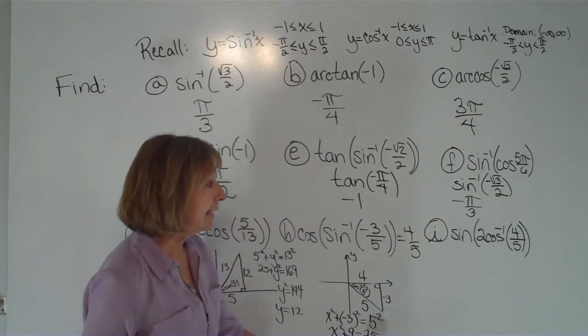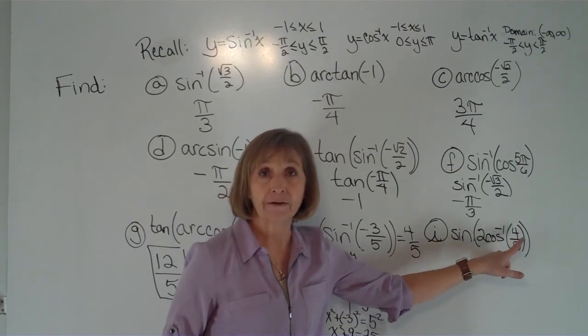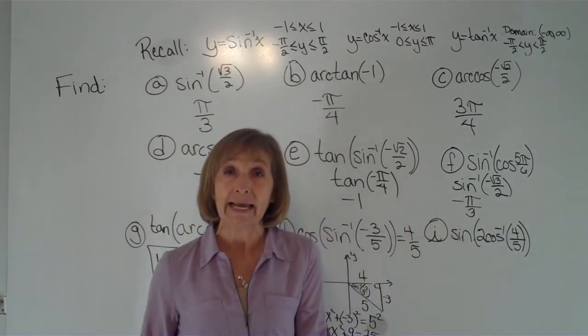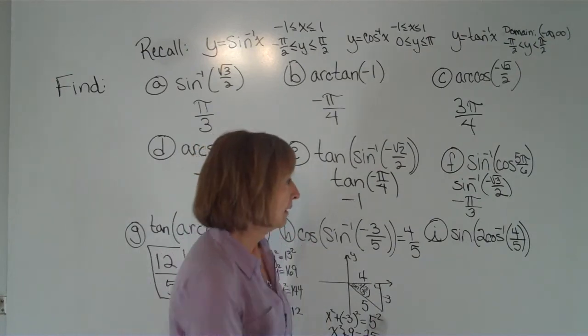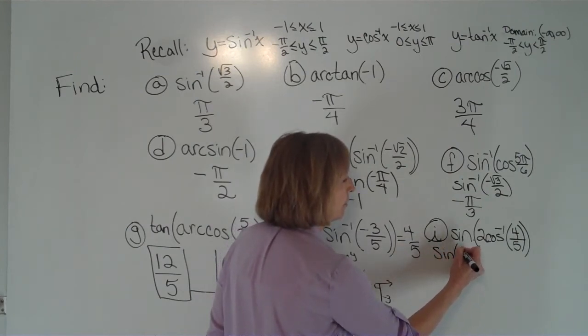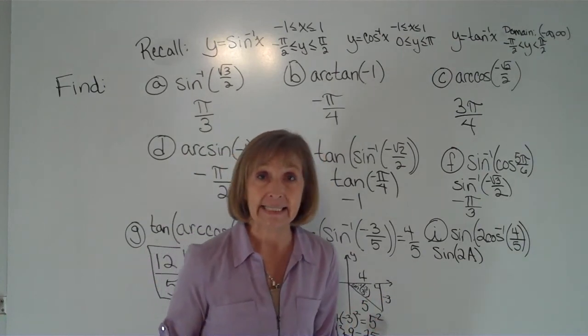And then lastly, this is the sine of 2 times the inverse cosine of 4/5. Well, remember, the inverse cosine of 4/5 is an angle, so this is the sine of twice an angle. Now, if I think back to the sine of 2 times an angle, that has a trig identity.